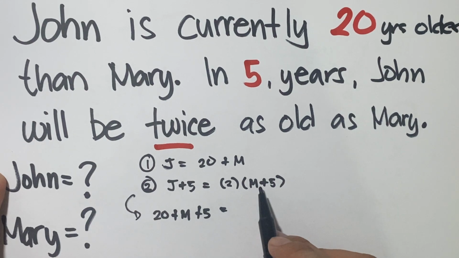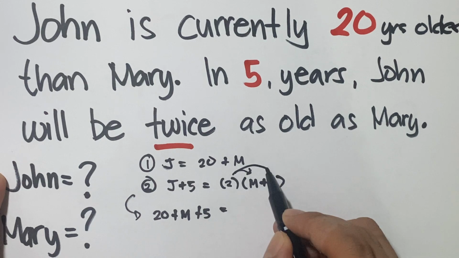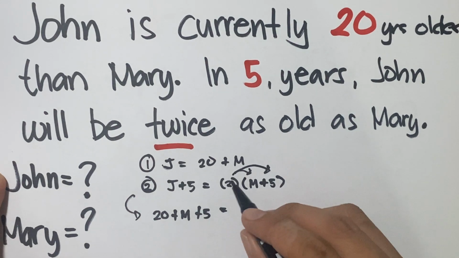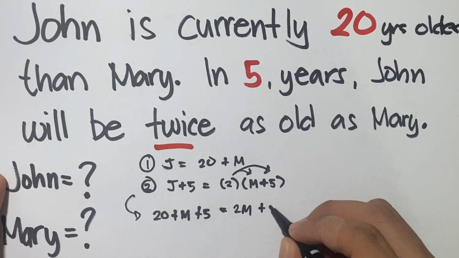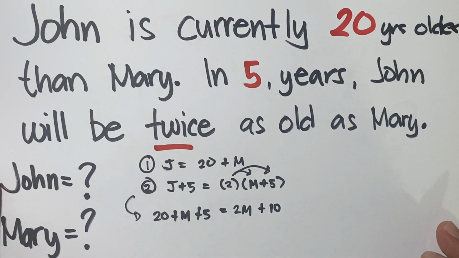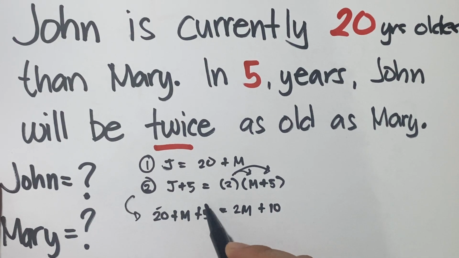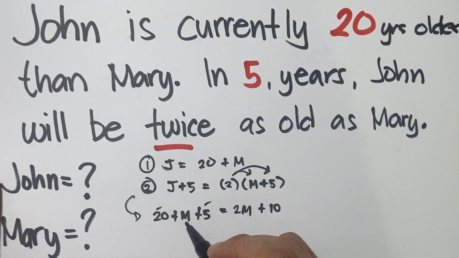All we have to do here is distribute this number inside the parenthesis. So 2 times M, that would be 2M, and 2 times 5, that would be 10. So plus 10. On our next step we could just add these, because these are constant numbers, and that would be equal to 25.